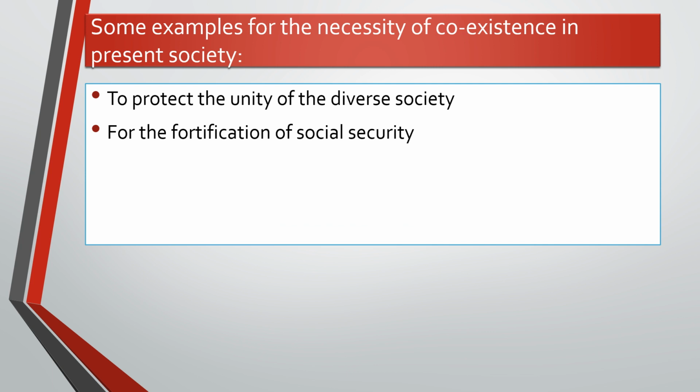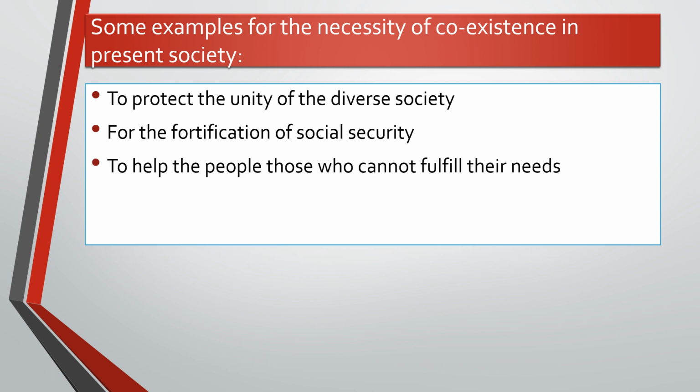For the fortification of social security. So social security must be ensured to help the people, those who cannot fulfill their needs. So as you see in your society, sometimes your neighbors might find difficult to fulfill their needs.